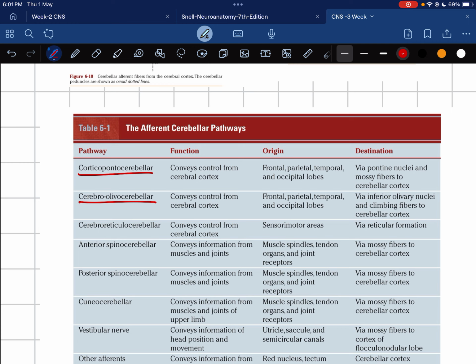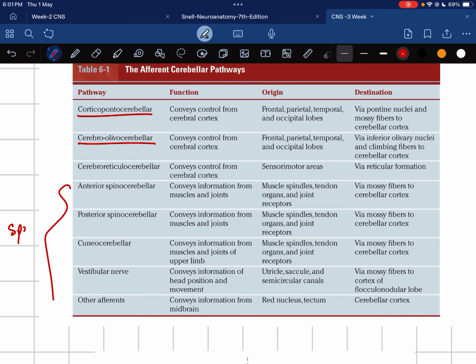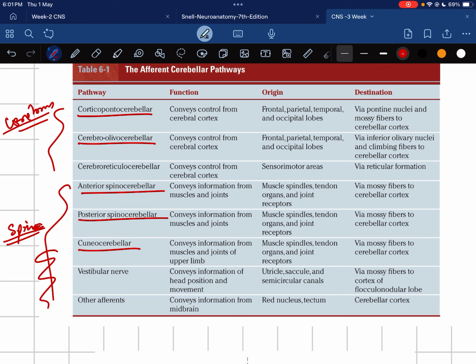The cerebro-olivo-cerebellar is also from the cerebrum, and the cerebro-reticulo-cerebellar tract also. And there is one from the spinal cord. These are the anterior spinocerebellar, posterior spinocerebellar, and cuneocerebellar. And there is the vestibular from the ear, or vestibular apparatus.